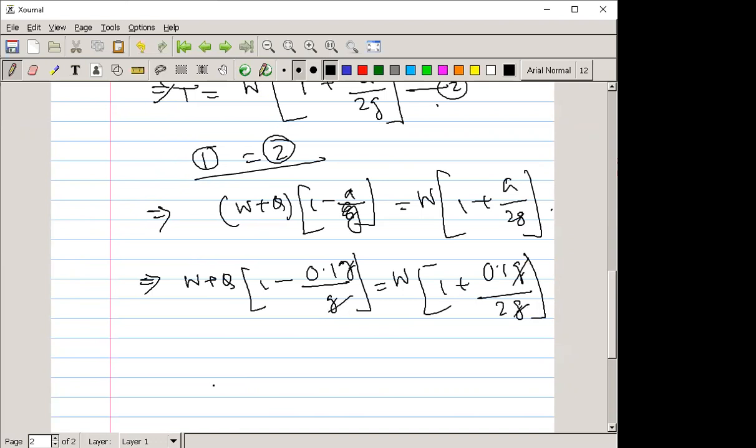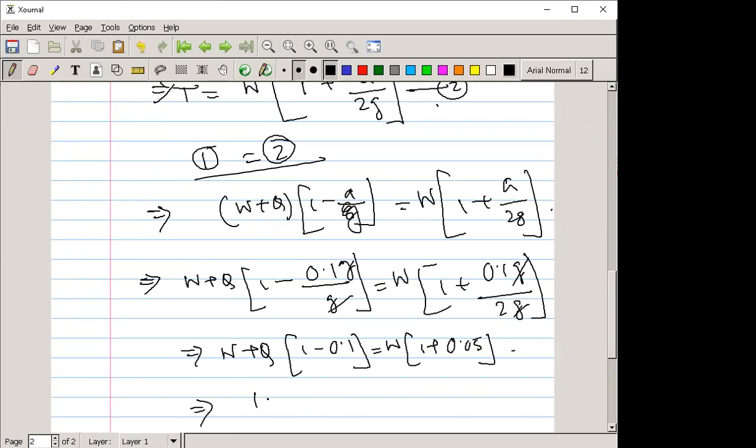So g and g are deducted, we will get W plus Q times 1 minus 0.1, equal to W times 1 plus how much? 0.05.